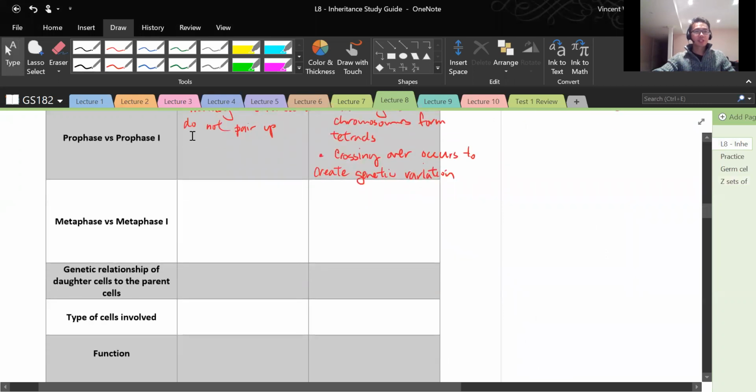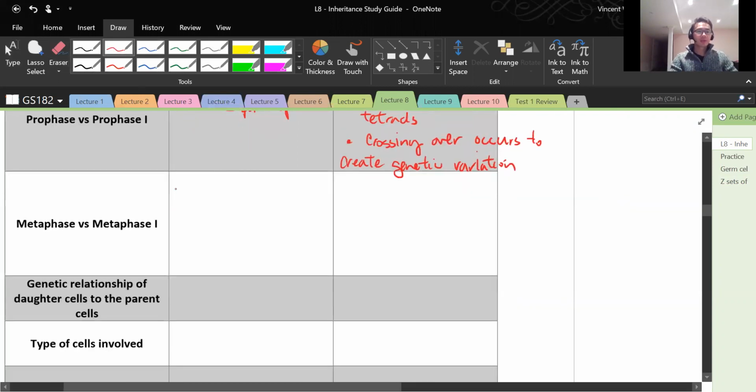Okay, metaphase versus metaphase 1. So what's happening in metaphase? If you think about it, the chromosomes line up in the middle. Homologous pairs, or tetrads, do not.